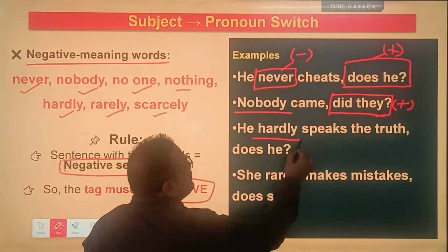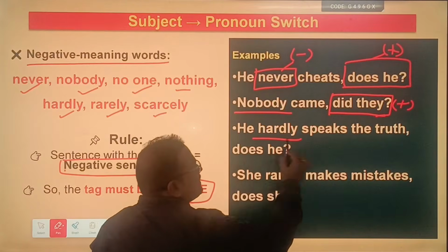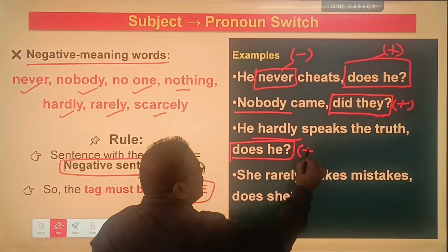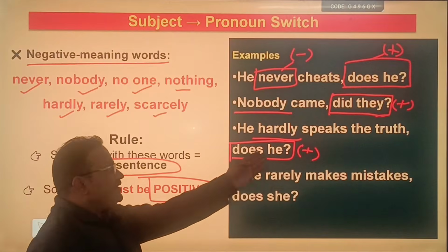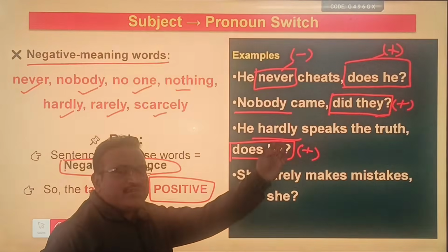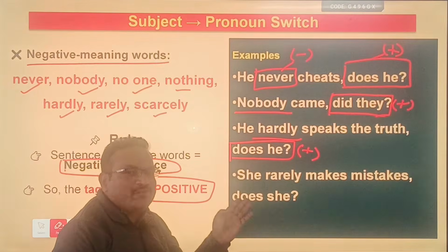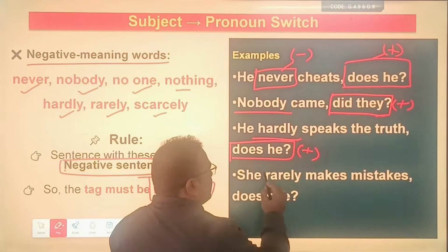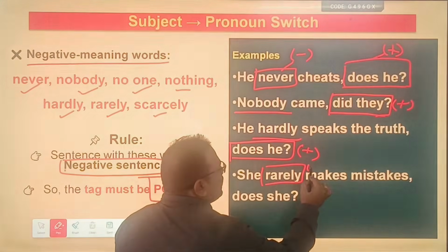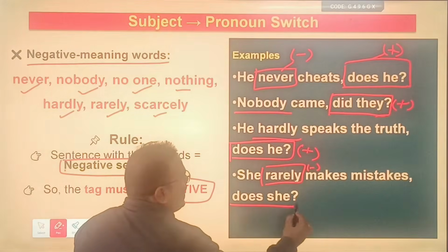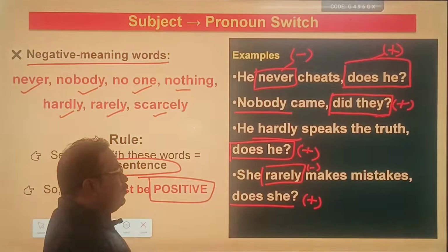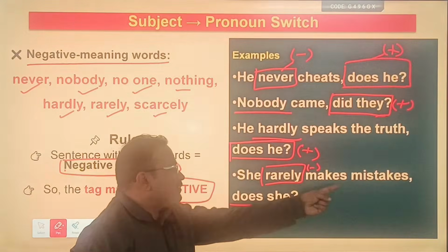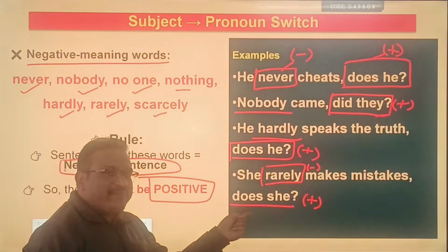He hardly. This is a negative word. The sentence is treated as negative. So the question tag will be what? Positive. And we have discussed this: when we don't have an auxiliary verb, we use do, does, did. She rarely makes mistakes. This is negative. So the question tag will be positive. And why does? Because it is simple present tense.